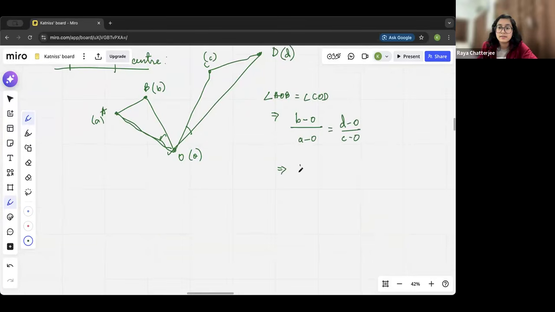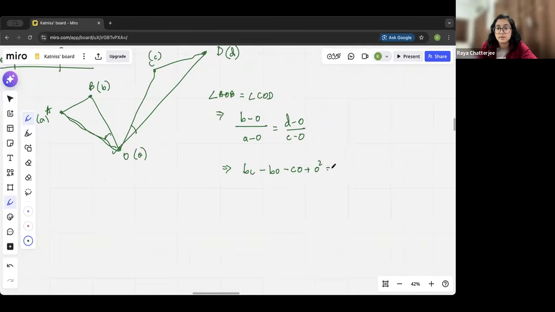So let's expand. BC minus BO minus CO plus O squared is AD minus AO minus DO plus O squared. So you get that O times (A plus D minus B minus C) is AD minus BC.